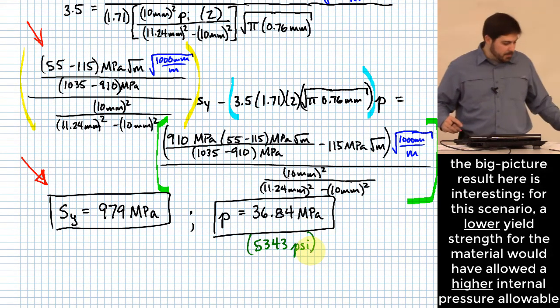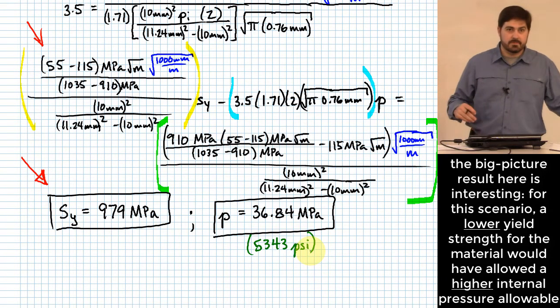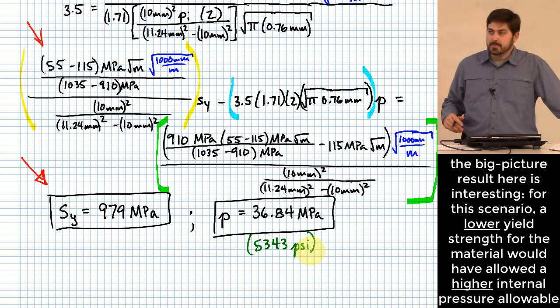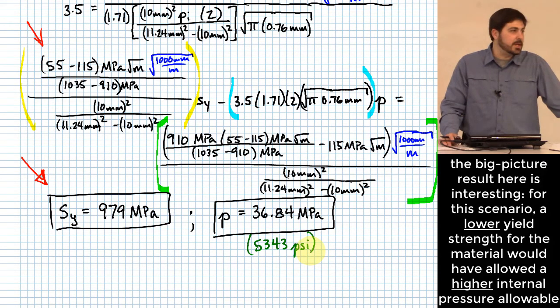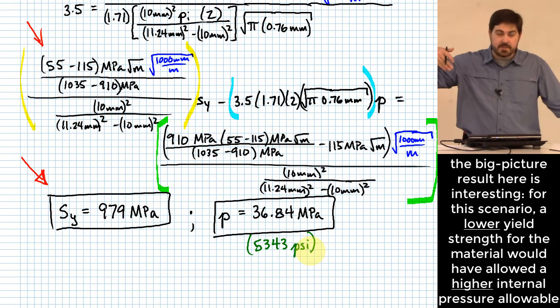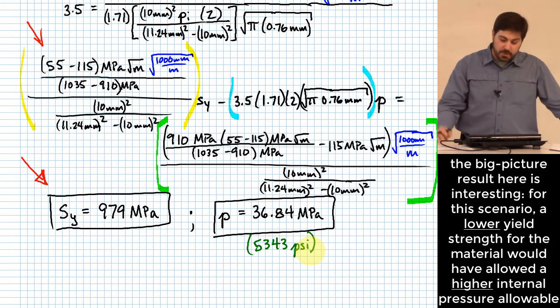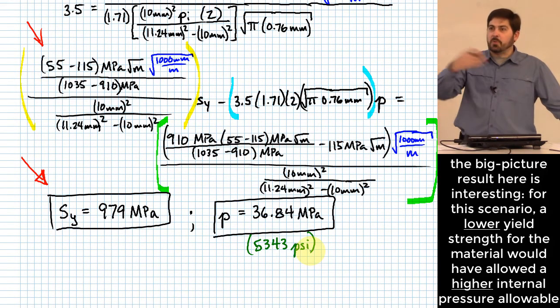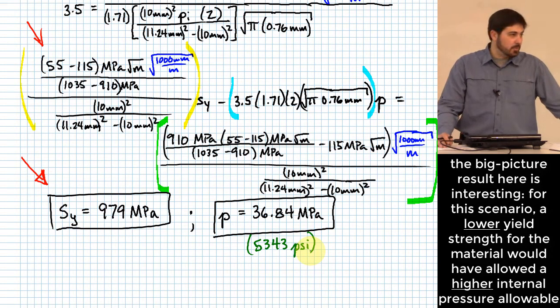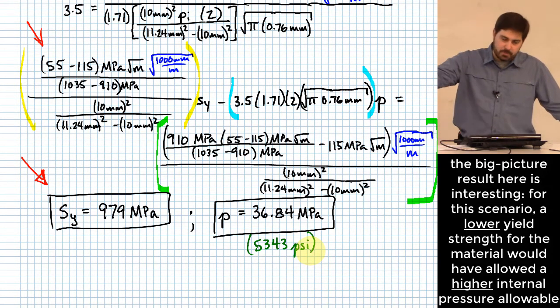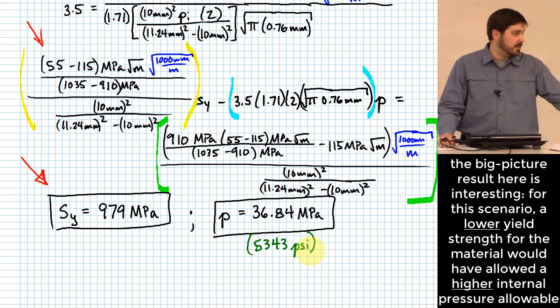Okay, so what's our big takeaway then? By processing this material to a yielding strength of 979 MPa, meaning less cold work, if that had been how that material was processed and it had this crack in it, then we would be able to recommend 343 more PSI than what we could recommend given that it was processed to 990 MPa.